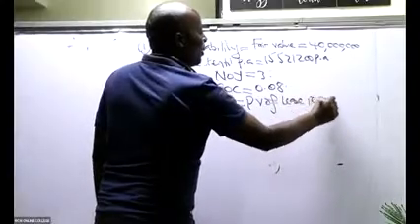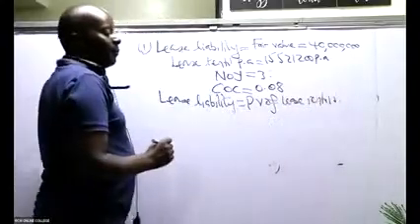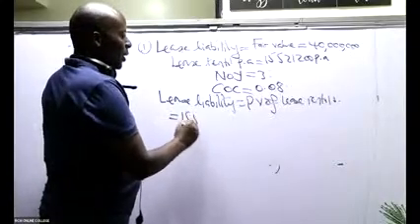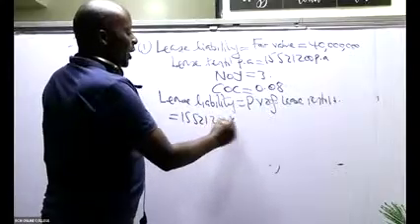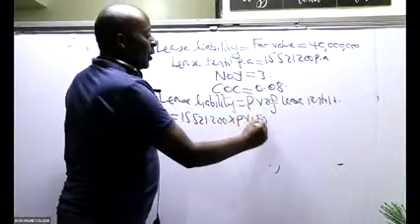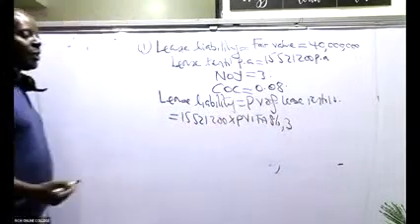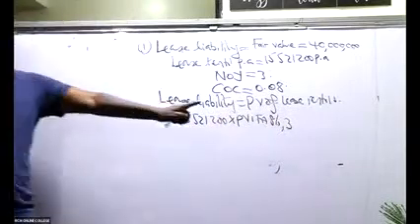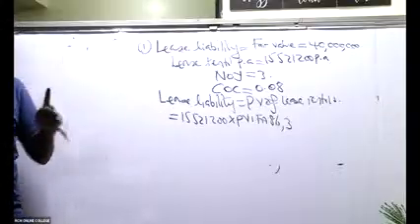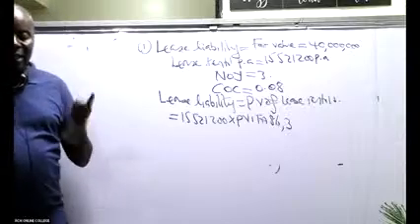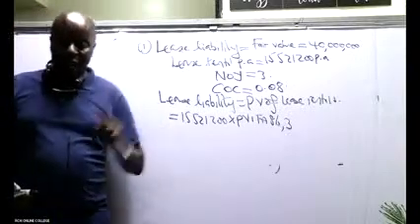So this would have been 15,521,200 times PV for 8%, 3 years. I will not add 1 plus R there because this one is not being paid up front. It is only the one that is being paid up front that we normally add the 1 plus R. This one we shall leave it like that.